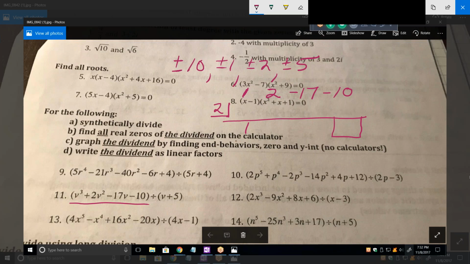In other words, that's the only way to do these. Not going to work. Let's try -2. Not going to work.